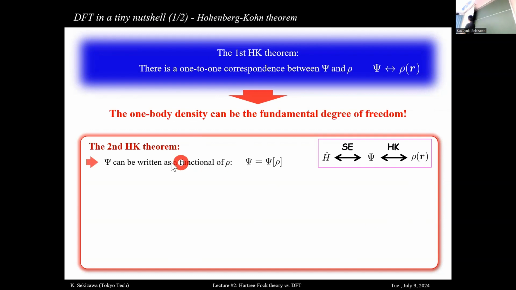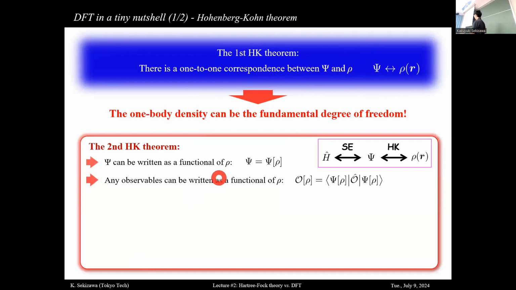So the many-body wave function psi can be written as a functional of density because of this one-to-one correspondence. Then any expectation value like this should be given. We don't know the expression, but in principle it should be written as a functional of density, because the right-hand side depends on the one-body density.